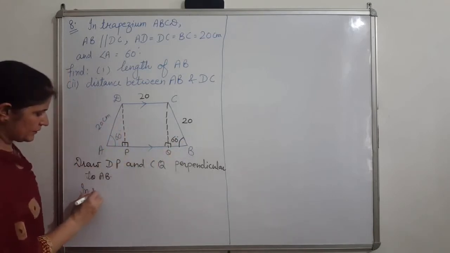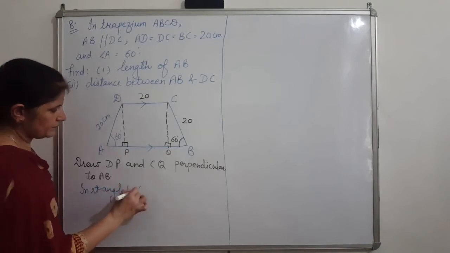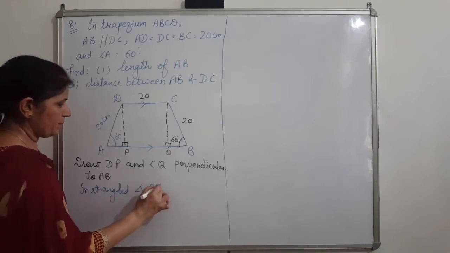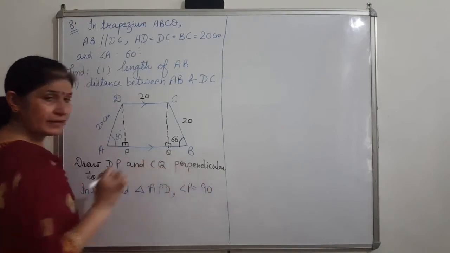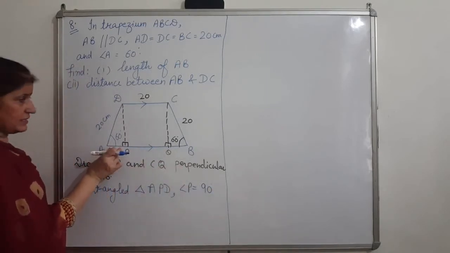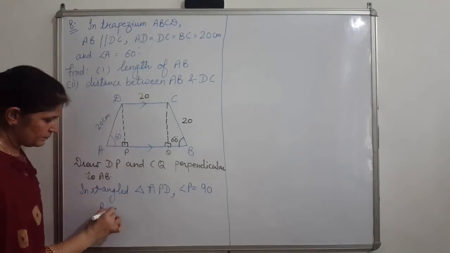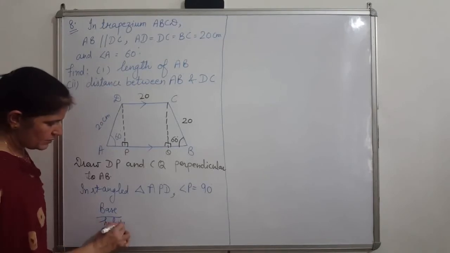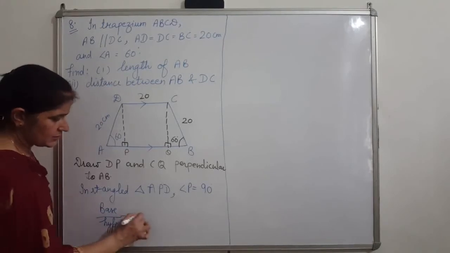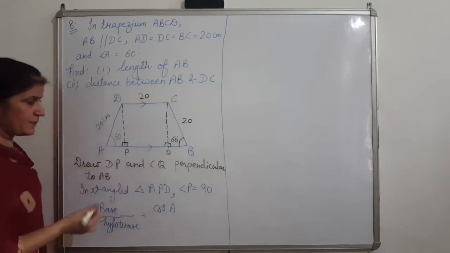In right angle triangle APD, angle P is 90 degree. Now this is base, this is hypotenuse. So base upon hypotenuse equals cos A. Now what is base?